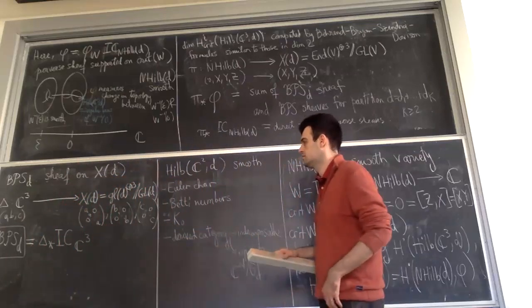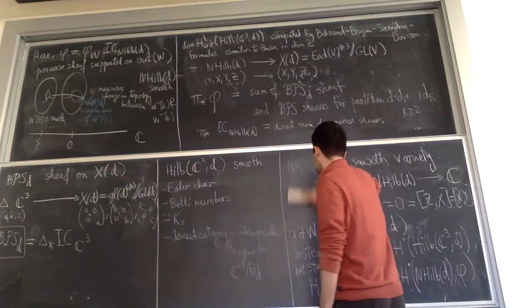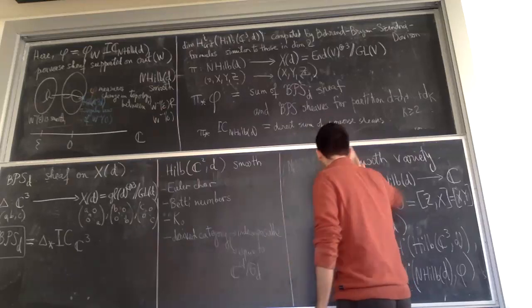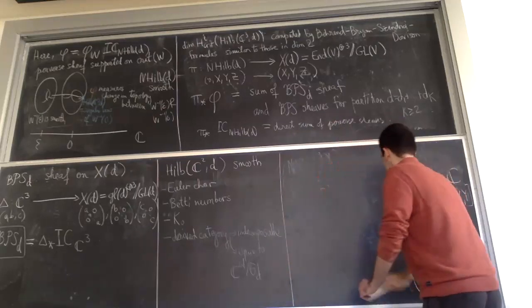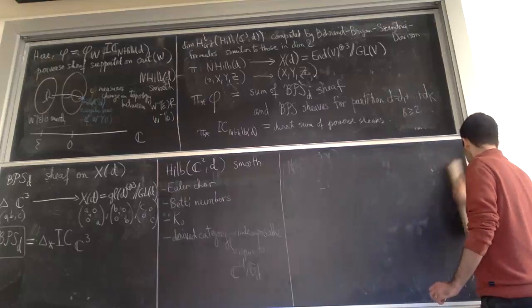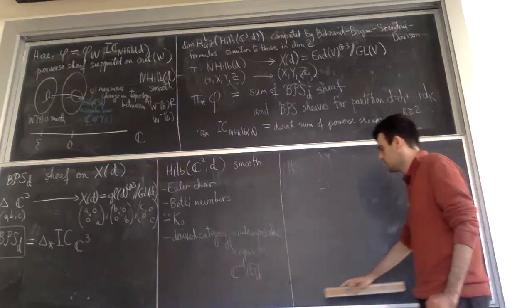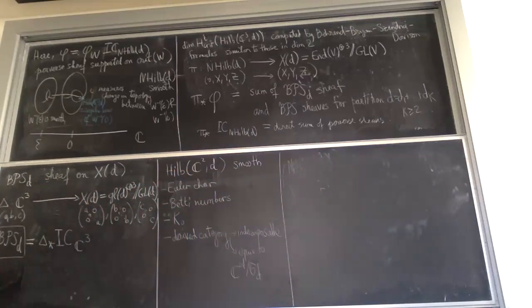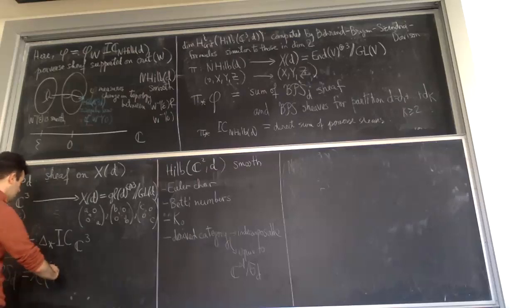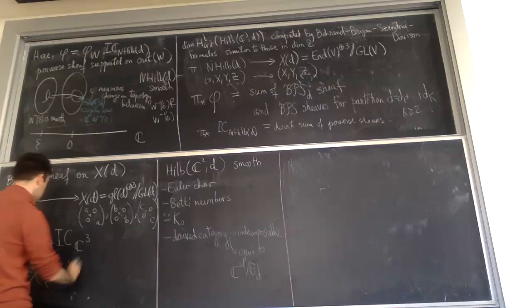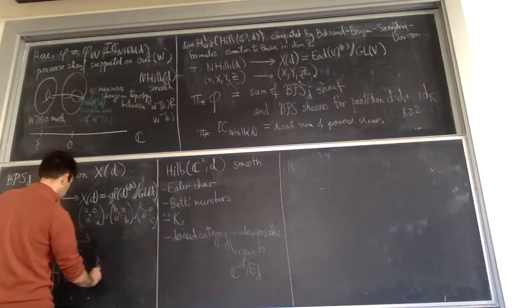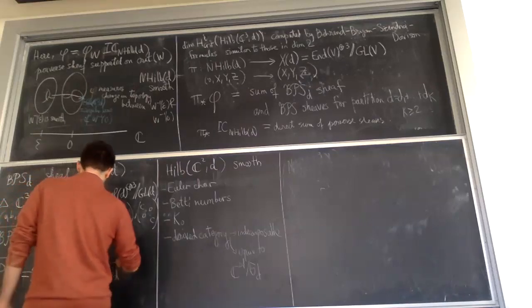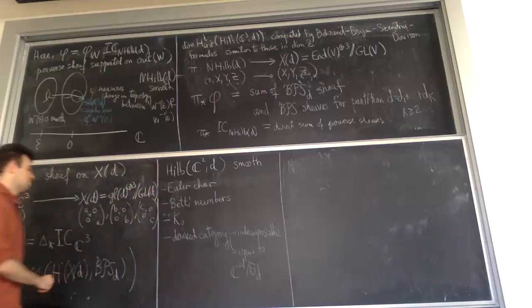So also this BPS number is just the Euler characteristic of the cohomology of this BPS sheaf.